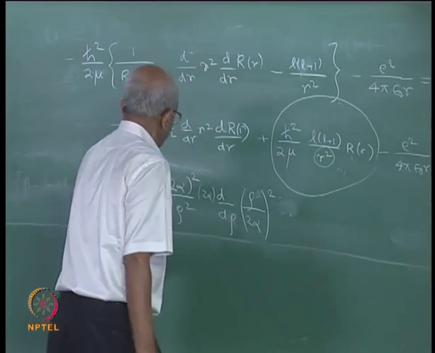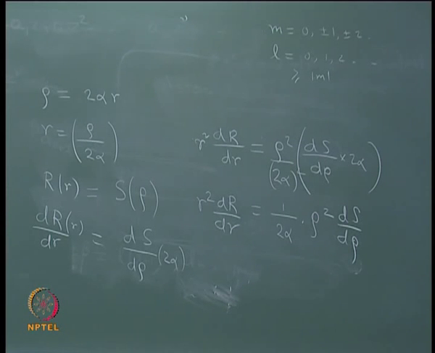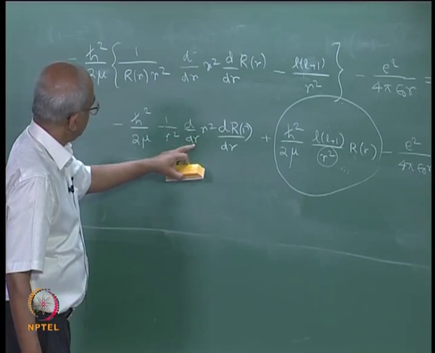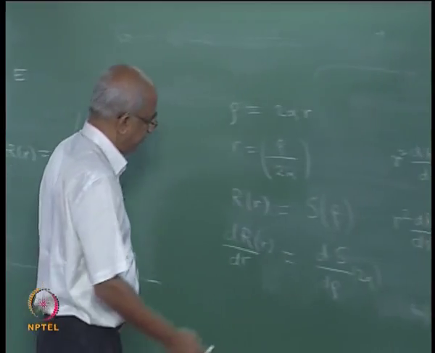So, you can find a relationship between r square dR by d small r and rho square dS by d rho, and that is the relationship. But here let me remove this, it is probably easier to do it this way, and so I have to now calculate d by dr into 1 by r square, and what would that be?